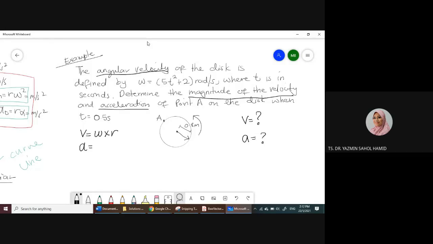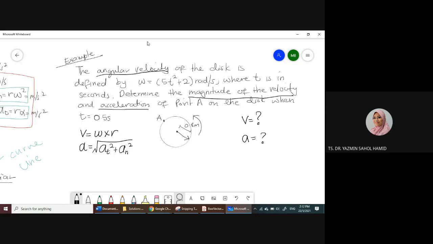For this question, it asks you the acceleration, so you have to find both. Remember this? Total acceleration. If they want tangential acceleration only, then you only find AT. If they ask for the normal acceleration, then you only find AN. But if they ask you to find the acceleration, you have to find the square root of AT squared plus AN squared.